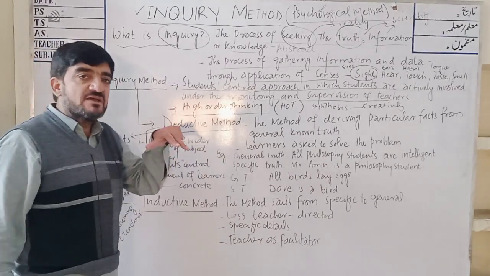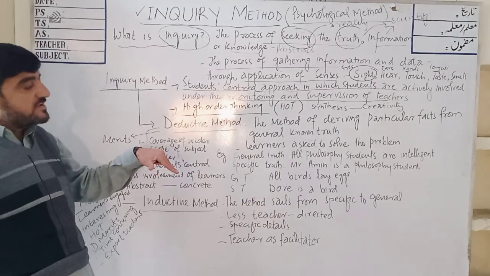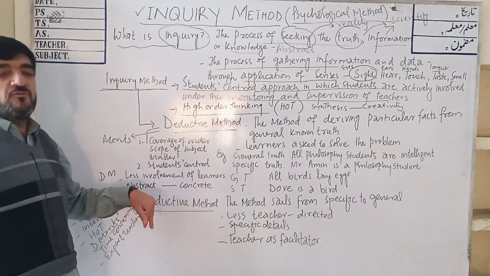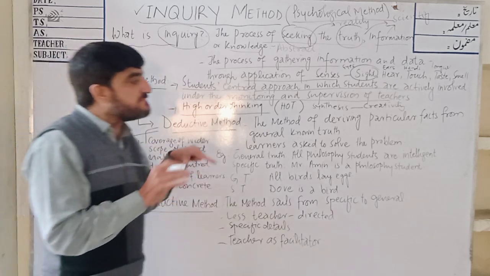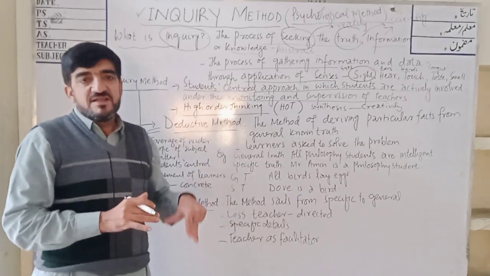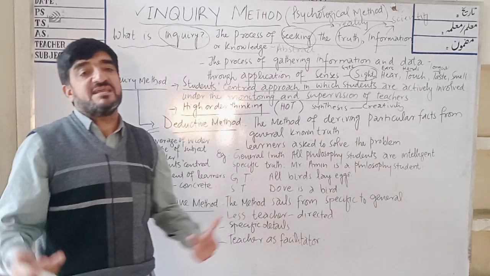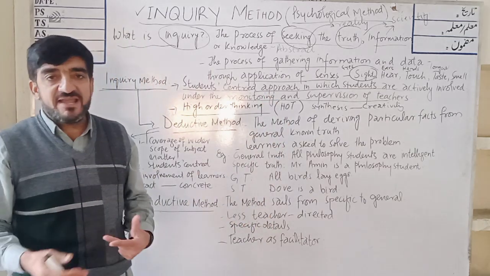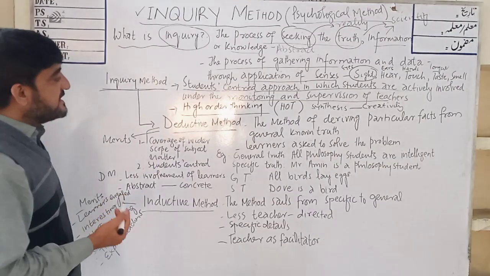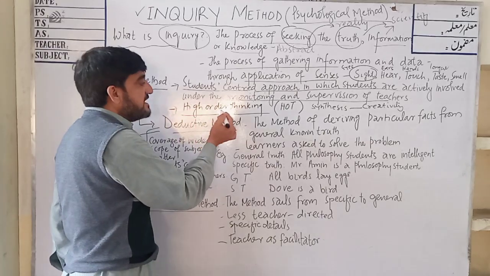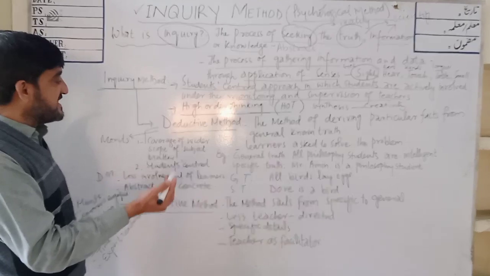High order thinking is the type of thinking in which the students are involved in the solution of the given problems. They are involved in critical thinking, which was practiced by Socrates. So inquiry method deals with high order thinking, and it is student centered.